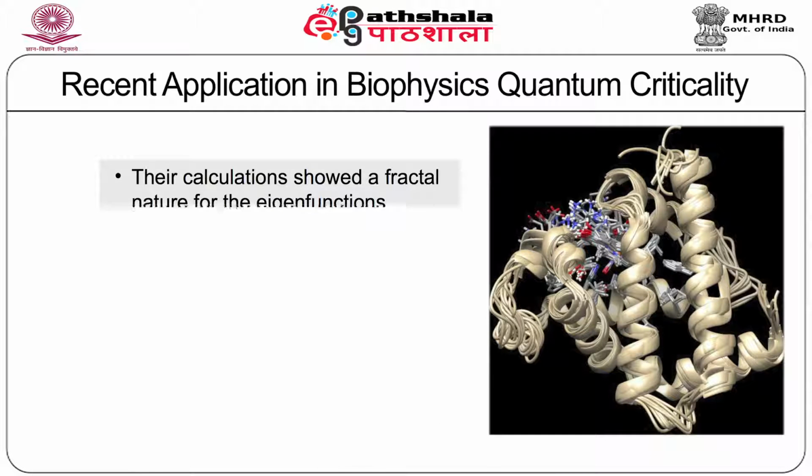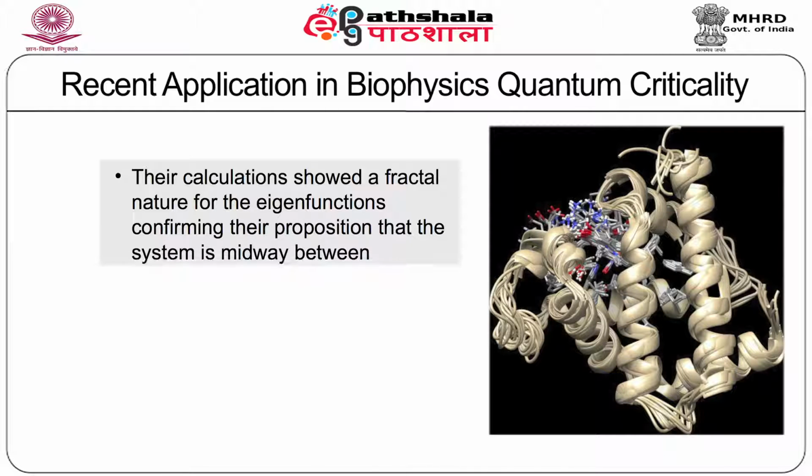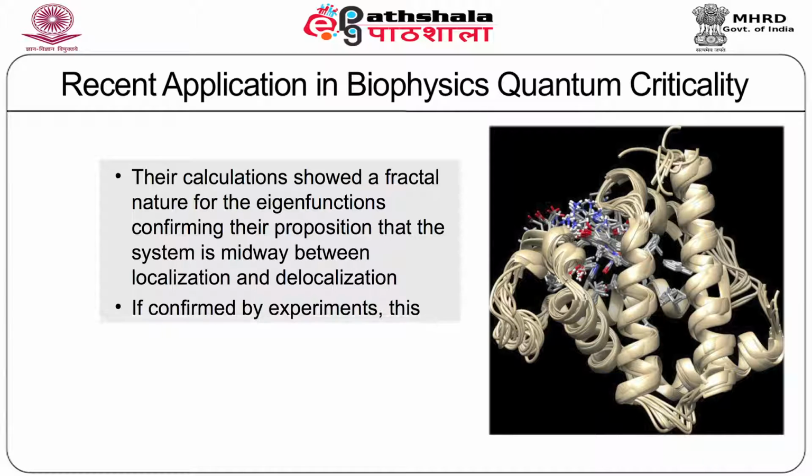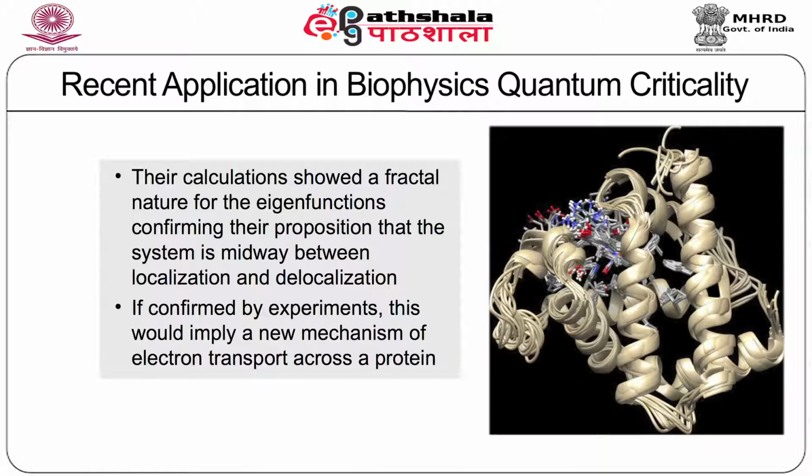Their calculations showed a fractal nature for the eigenfunctions, confirming their proposition that the system is midway between localization and delocalization. And if confirmed by experiments, this would imply a new mechanism of electron transport across a protein molecule.